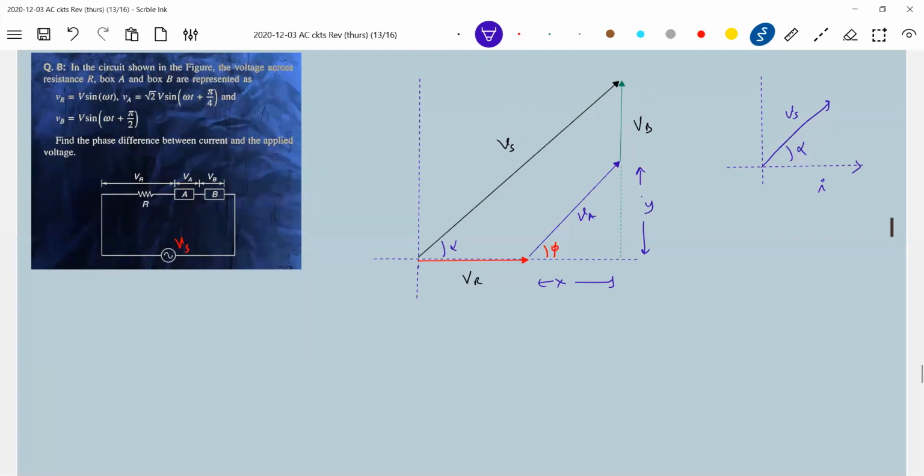So let me go for sine phi equal to Y by VA. So Y is equal to VA sine phi. What is the value of VA? Root 2 V. Sine phi is how much? It is pi by 4.